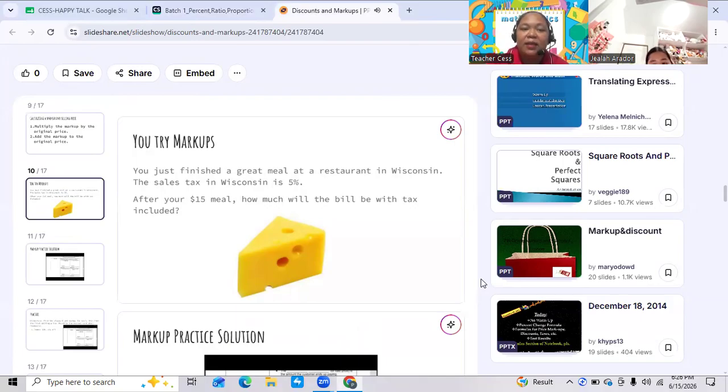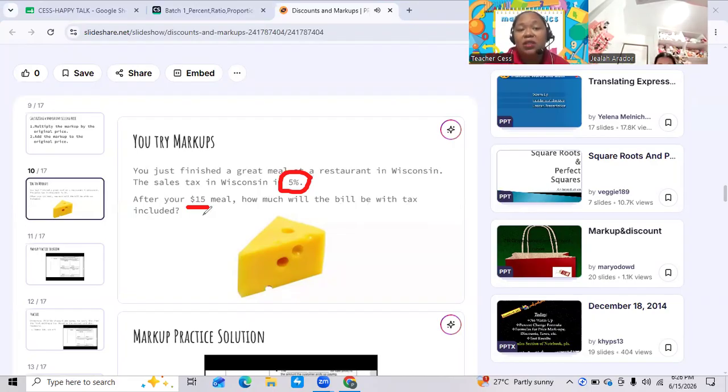The sales tax in this restaurant is 5%, meaning your bill will be added 5% tax. After your $15 meal, how much will be the bill with tax included?